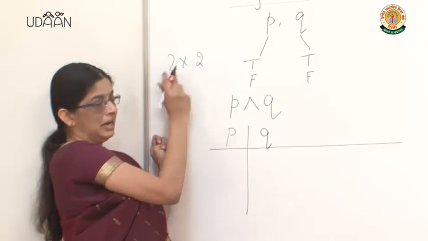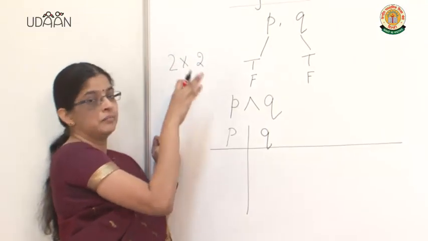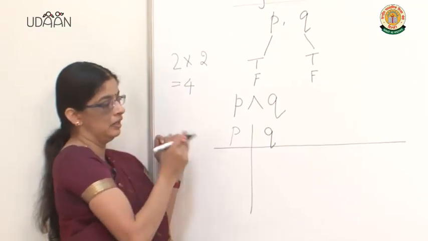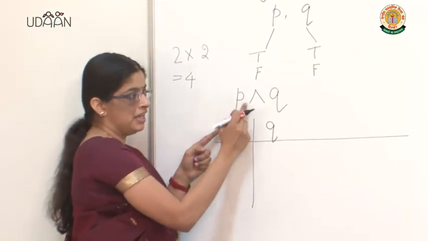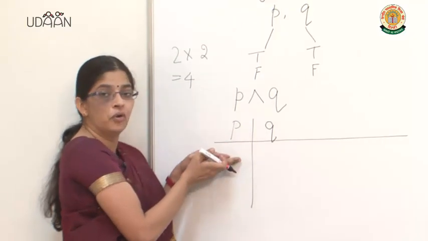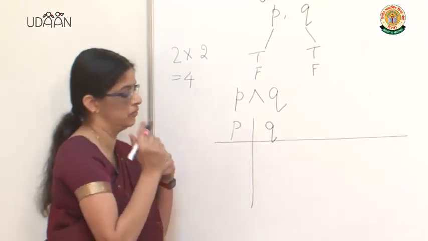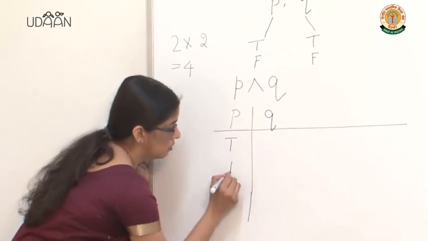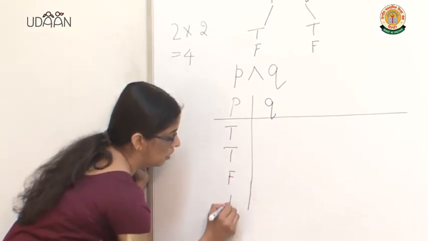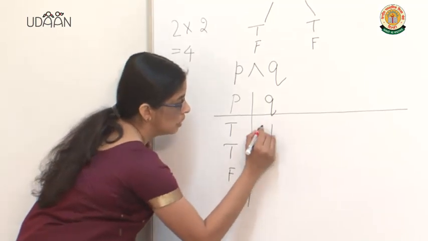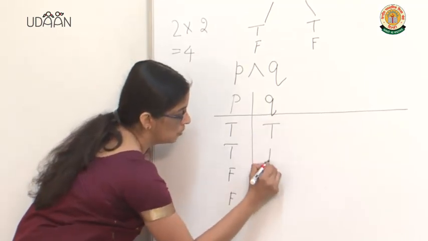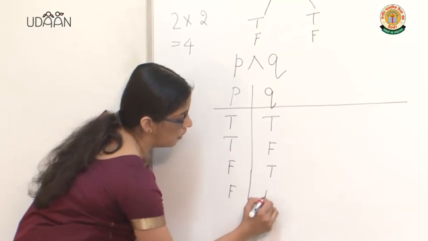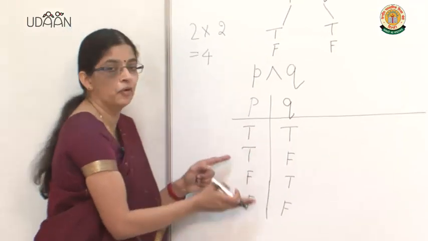So together, by the fundamental principle of counting, 2 into 2, 4 cases are possible. So in the truth table of P and Q, there are 4 horizontal rows. P: true, true, false, false. Q: true, false, true, false. These are the 4 cases.